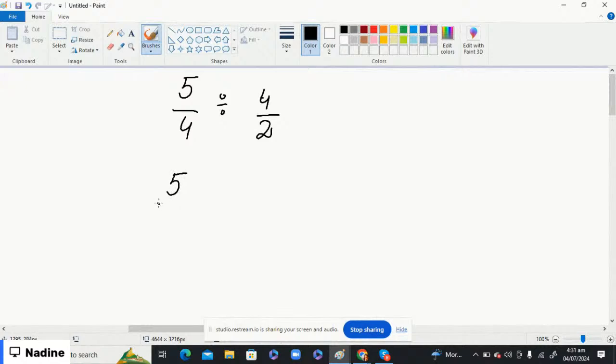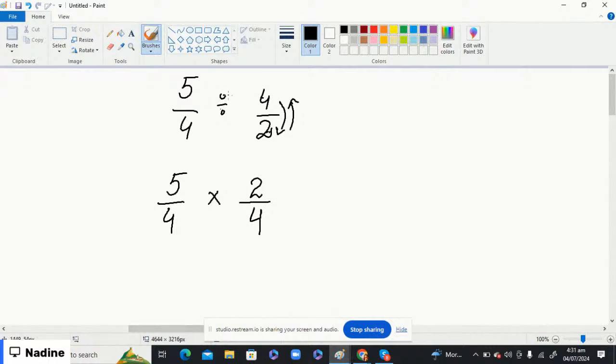We can change this division into multiplication and shift these two positions. Numerator becomes denominator and denominator becomes numerator. So it becomes 2 by 4. Understand?